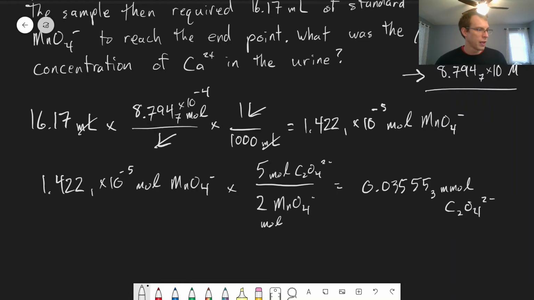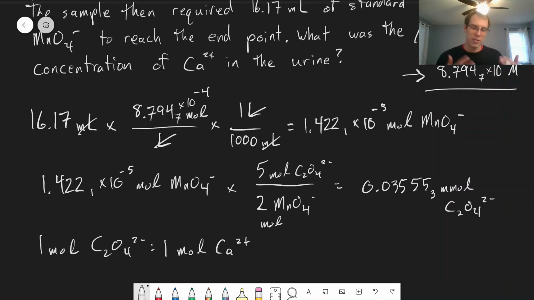In our original reaction, where the calcium and the oxalate precipitate, we know that is a 1-to-1 ratio. So for every 1 mole of C2O4, it reacted with 1 mole of calcium.